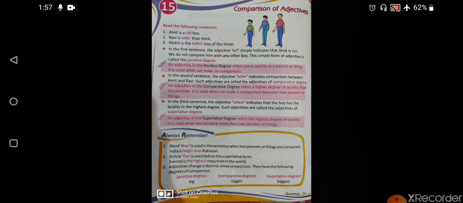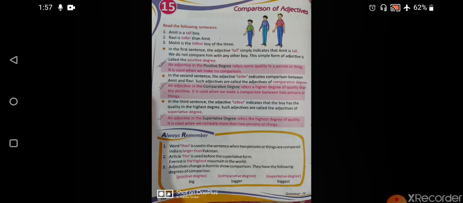When we talk about positive degree, the adjective refers to some quality in the person or place. There is no comparison made. In the positive degree, we are just talking about a particular person. No comparison is done, nothing. We just have to use an adjective in that sentence and then write it. For example, Archana is a very beautiful girl.